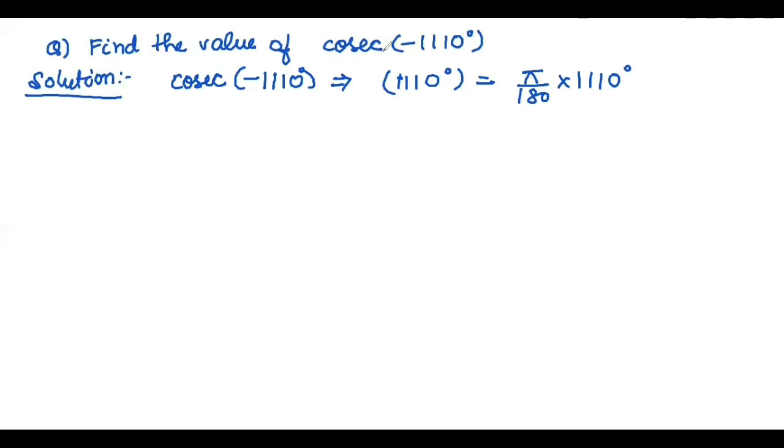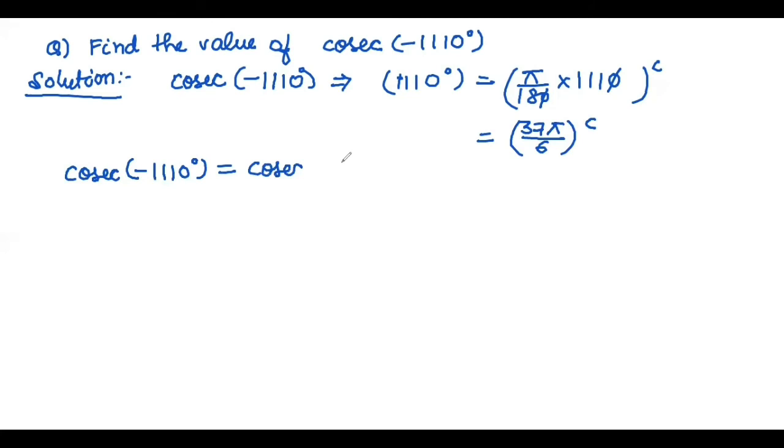Then the whole will be in radian form. After calculating, we get 37 pi by 6 radian. So now we write cosec of minus 1110 degree equals cosec of minus 37 pi by 6 radian.